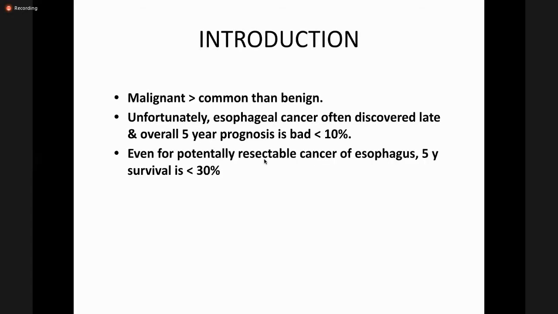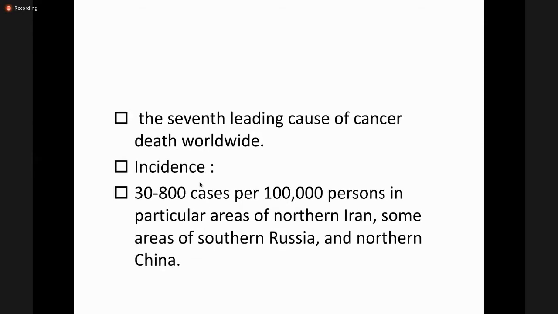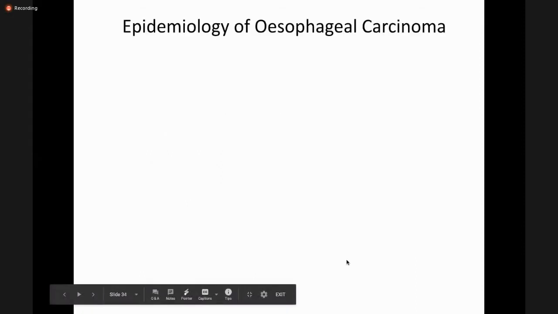And even for the potentially resectable cancers, 5-year survival is not more than 30%. It's the 7th leading cause of cancer death worldwide, and 30 to 800 cases per 1 lakh persons, and usually it's more common in northern Iran, Russia, and northern China.